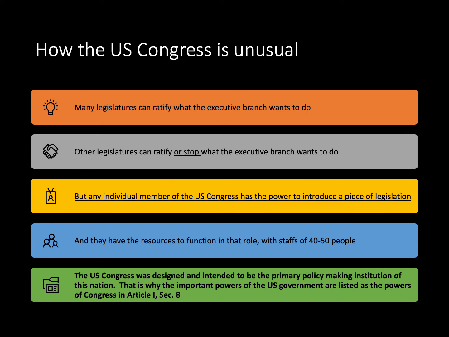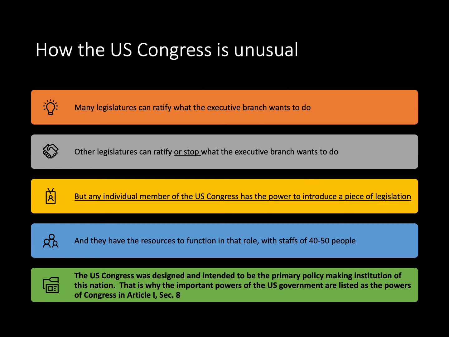So the U.S. Congress is to some extent unusual in this sense. There are many legislatures that can basically just ratify what the executive branch wants to do. And there are also many legislatures around the world that can block what the executive branch wants to do. But the way our Congress is set up, each individual member, without approval of anybody, can just draft a bill and walk down and introduce it.